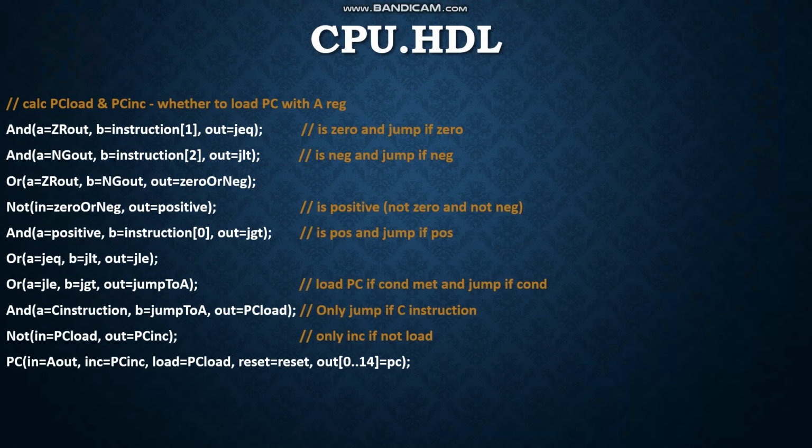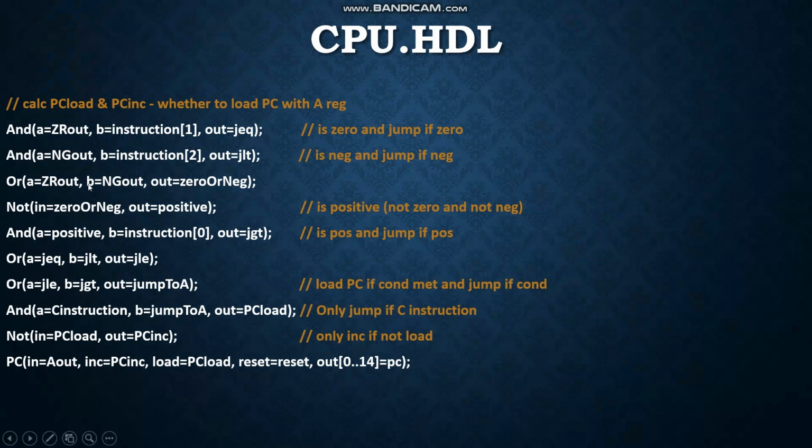Taking it line by line, the first AND line checks if the zero flag ZR out is set and the second bit of the instruction is 1, storing the result in JEQ. The second AND checks if the negative flag NG out is set and the third bit of the instruction is 1, storing the result in JLT.